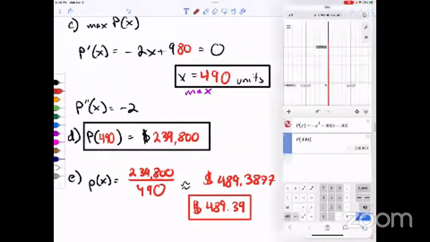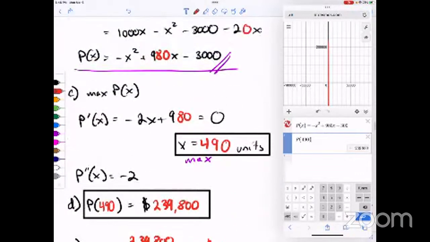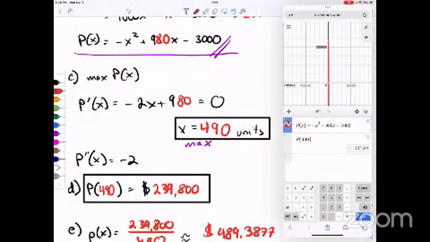Profit function, -x squared plus 980. Oh, I put 300. Man, the mistakes. 0 here, right? Okay. So with that 0 there, now we get the 237,100 right here.